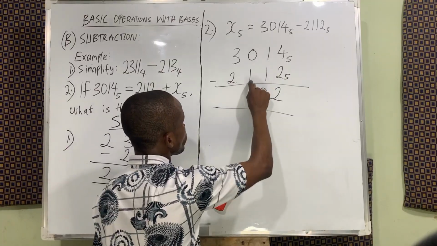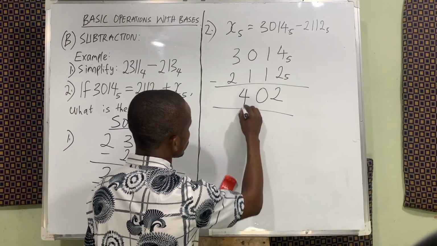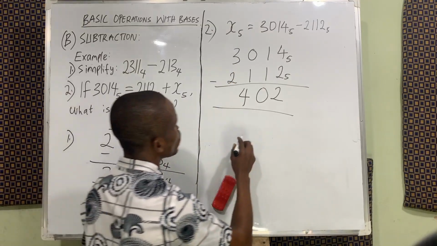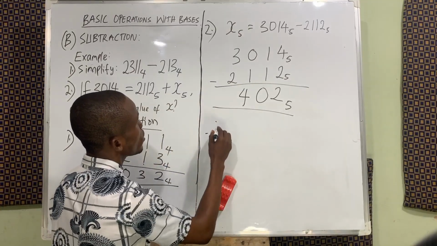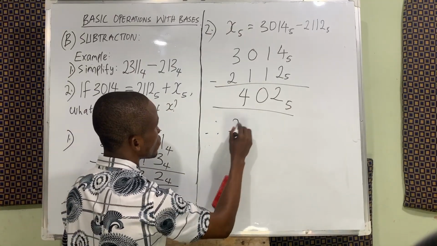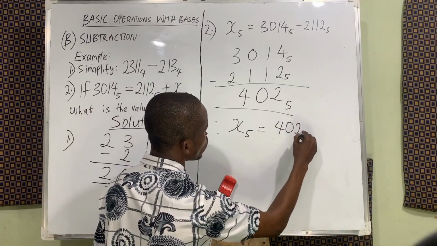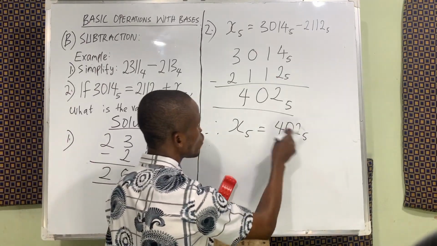So 5 here minus 1 becomes 4. And what is left here is 2. 2 minus 2 is 0. So the result becomes 402 in base 5. Therefore, the value of x in base 5 becomes 402 in base 5.